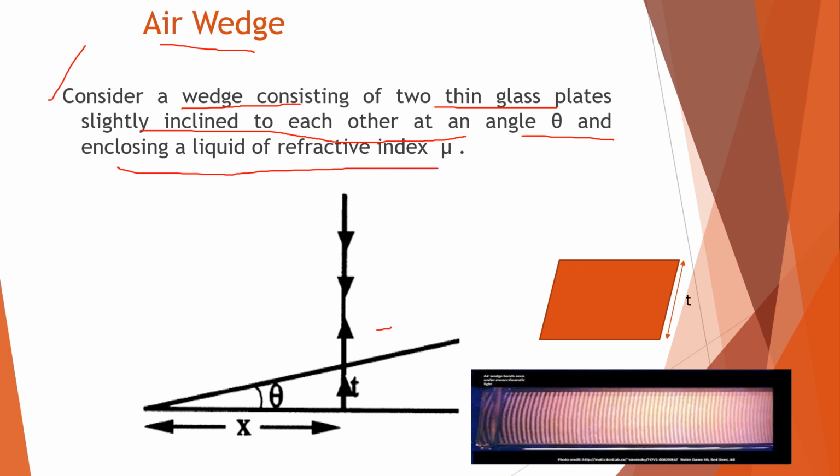So here we have two glass plates inclined at an angle theta, enclosing a liquid film of refractive index mu. So here this is not an air wedge, but at the end of the essay we will say that mu is equal to 1. For air it is mu equal to 1, and then you will say it is an air wedge. But on starting the essay we will say that there is a liquid film between the two glass plates.